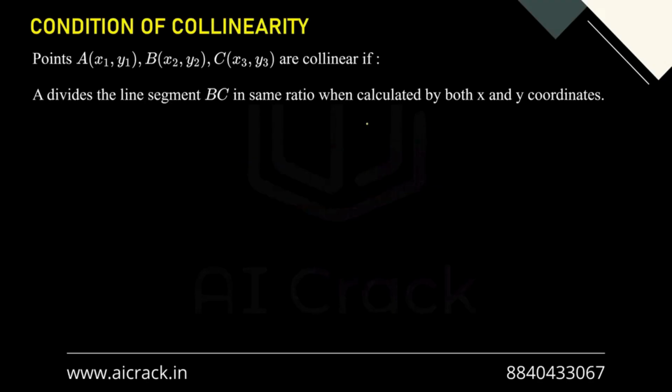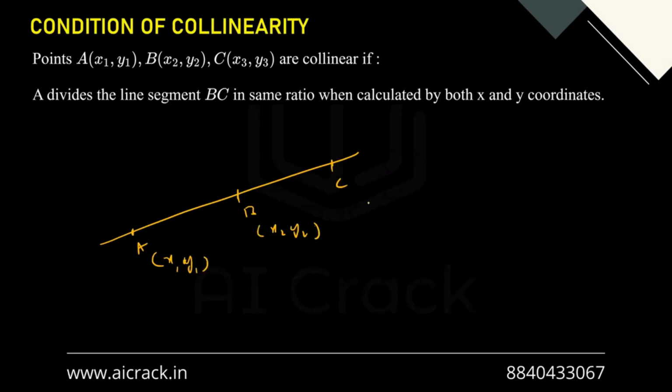Okay. Now the fourth condition. So that's a little trickier one. So let's say we have these A, B, and C. Now what I'll be doing, this point is x1, y1, x2, y2, and x3, y3. I'll try to find out the ratio in which this particular point is dividing A and C internally, right?